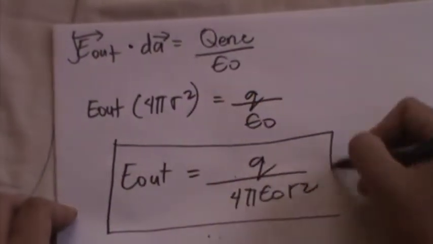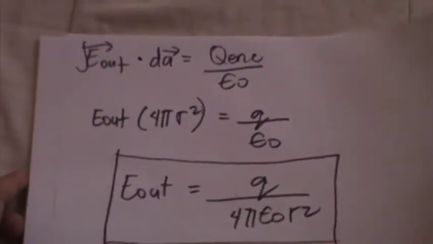Now let us solve for another problem, the continuation problem, which is the electric potential. To solve for the electric potential of the inside of the sphere, we'll use the equation that we used for the electric potential of the spherical shell. It's just a formula anyway, so let us adopt that formula.